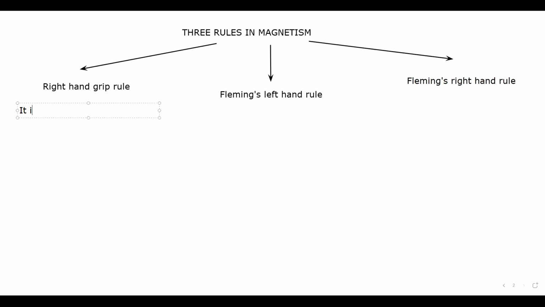It is used to find the direction of magnetic field due to current. And this rule is further divided into two categories. One is for a straight wire and the other one is for a circular wire or a solenoid.